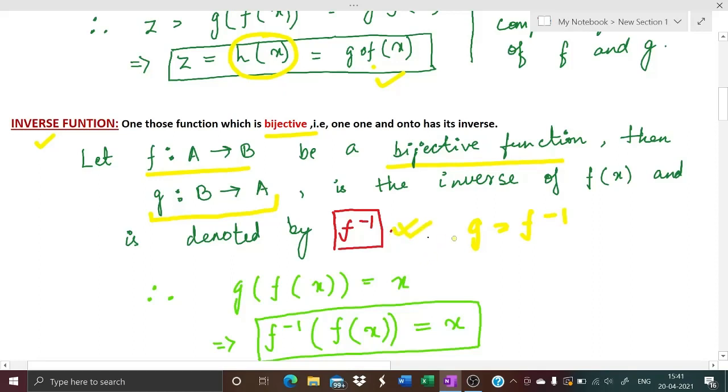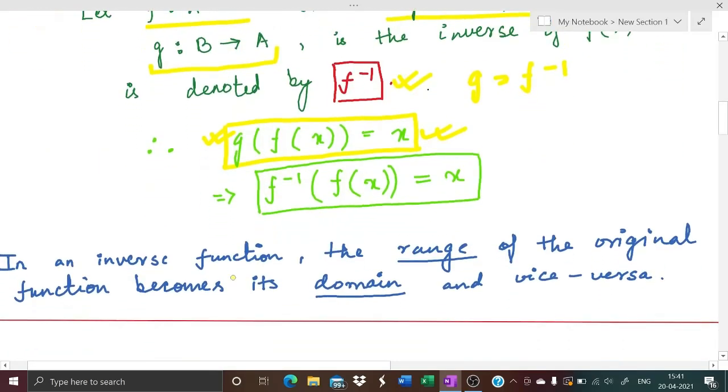Now, since g is the inverse of f, g of f of x will equal x. This is a very important result. You should remember this very much because questions come on this formula. So g of f of x equals x if g is the inverse of f.